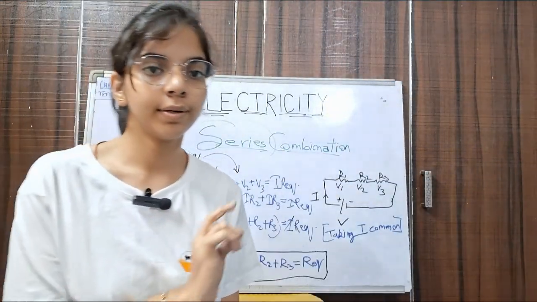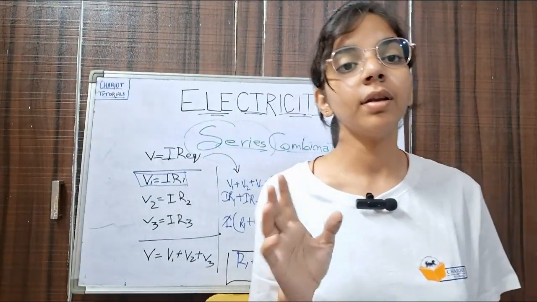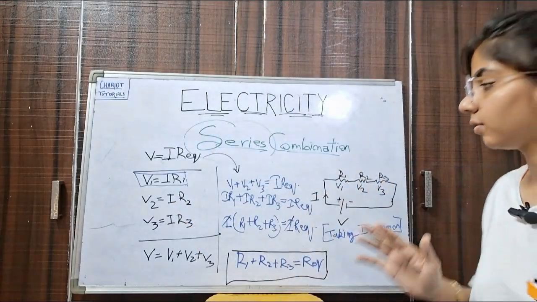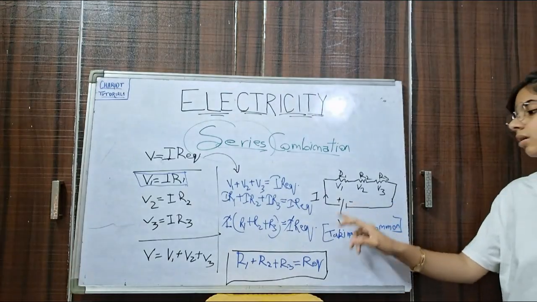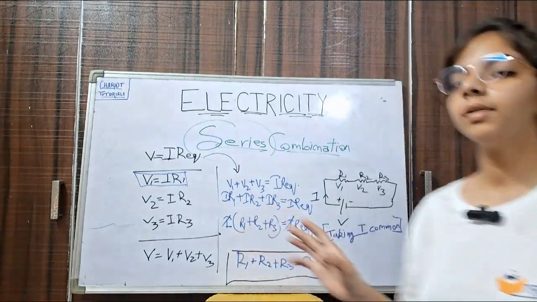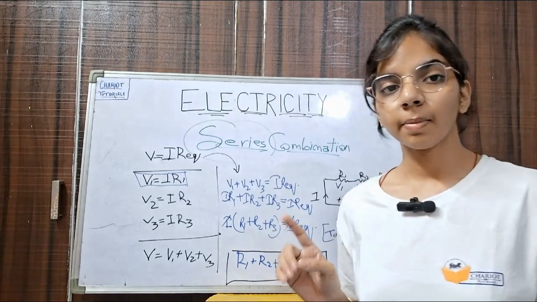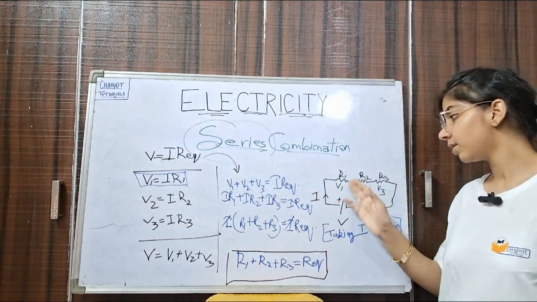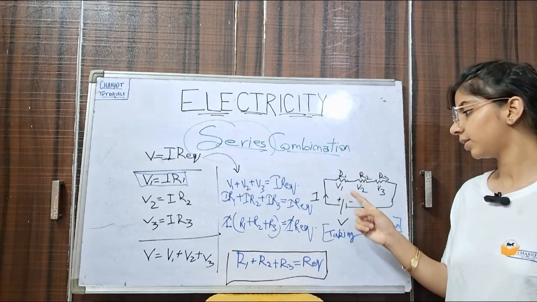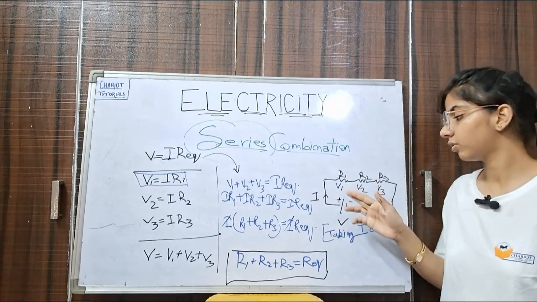Hope you all have understood it well, right? So what are the main points in series combination? First is, the current is the same across each resistance, right? The potential difference will be distributed. Why will it be distributed? Because the overall potential will remain the same as that of the cell, so it gets distributed across each resistance. You can also understand it through Ohm's law: because it is a resistance taking the same amount of current in series, it will take a different amount of potential.